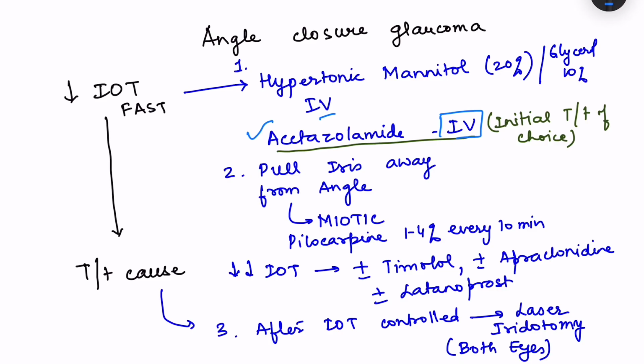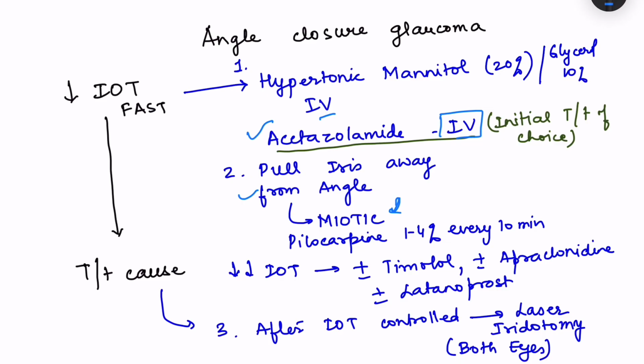Then the second thing is we want to pull the iris away from the angle, and for this a miotic is given. So I told you that dilation of the pupil causes the iris to attach to the lens. So in this case we will cause constriction of the pupil, and that is occurring by the miotic. Before, in primary open angle glaucoma, we saw that the miotic acts by increasing the ciliary muscle tone and hence increasing the patency of the trabecular meshwork.